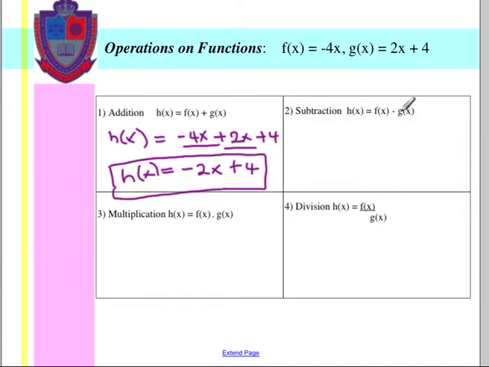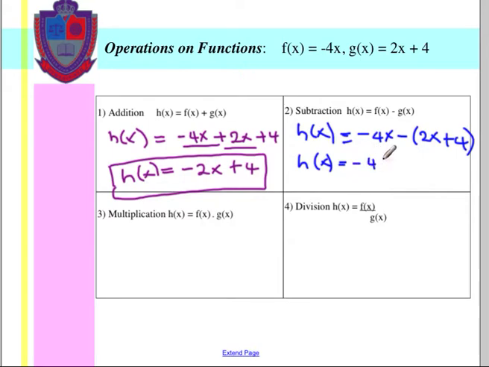Now let's look at subtraction. For subtraction now, let's just change this color so it's better. H of x is equal to f of x. Again, this is negative 4x. Take away, and I'm going to put this in parentheses because there are more than one terms. Now, equals. Remember, very careful, this is where we make the mistake.